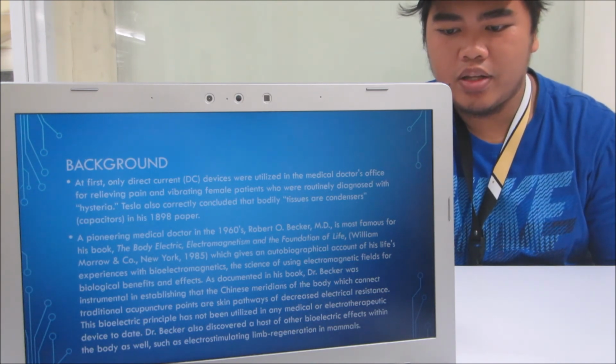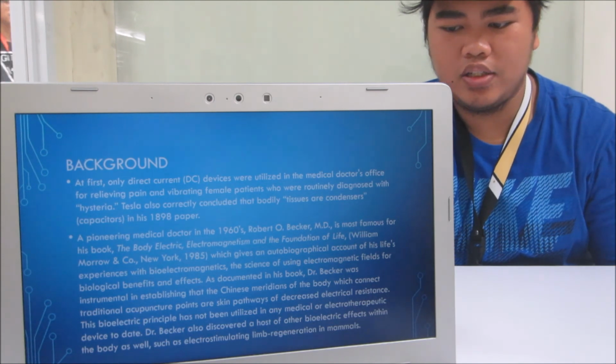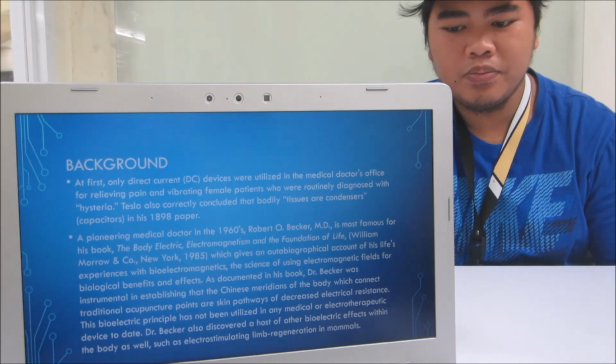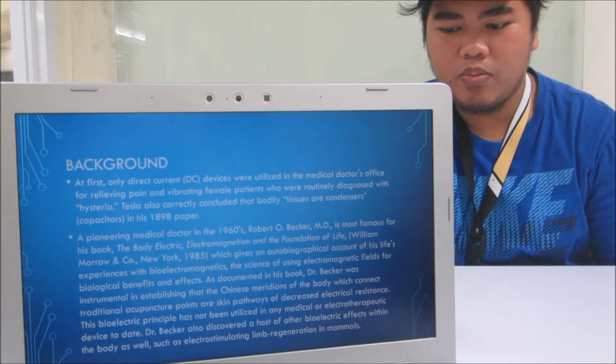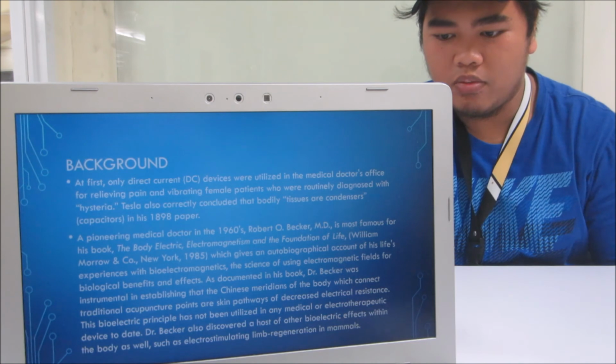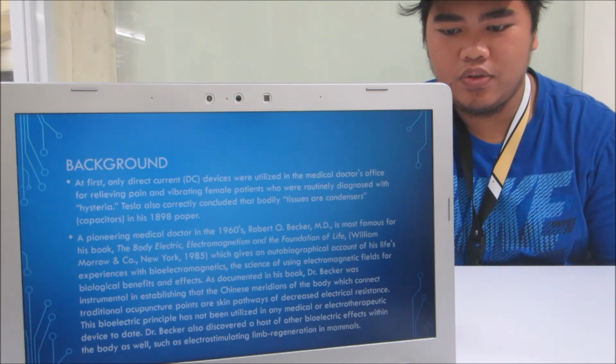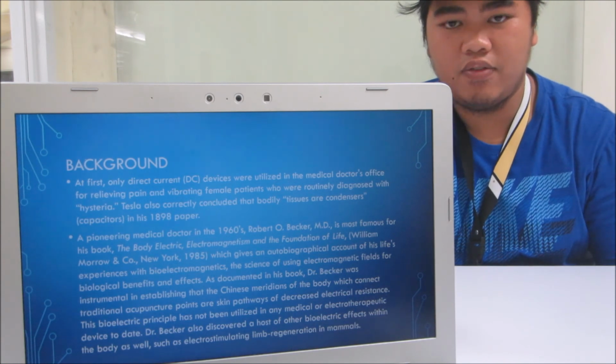A pioneering medical doctor in the 1960s, Robert O. Becker is most famous for his book, The Body Electric: Electromagnetism and the Foundation of Life, which gives an autobiographical account of his life's experience with bioelectromagnetics, the science of using electromagnetic fields for biological benefits and effects.